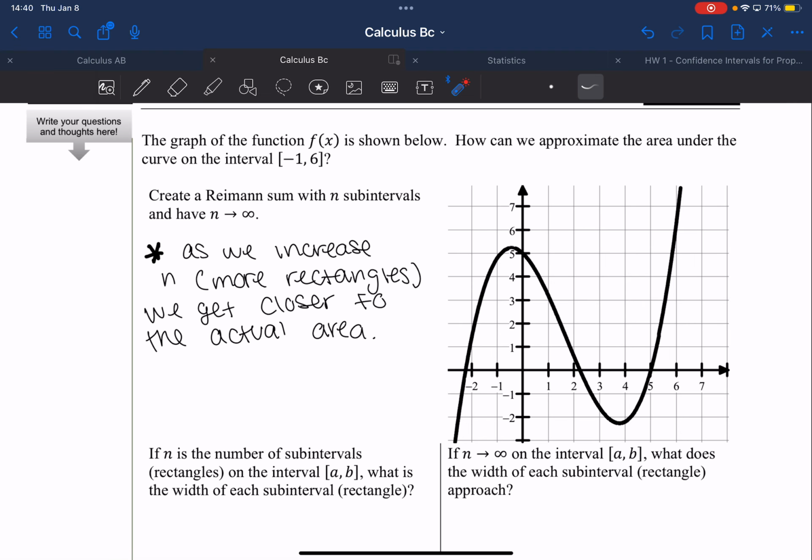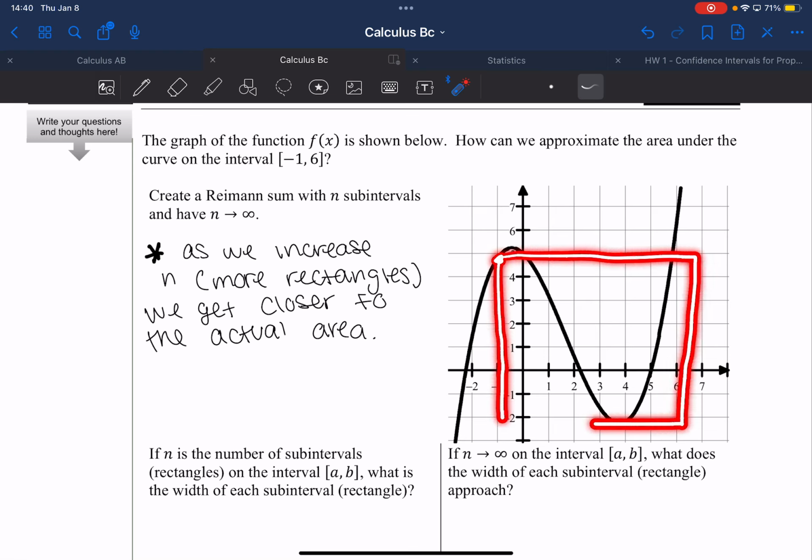So in other words, if I was to start off with n equals 1, so one rectangle using a left Riemann sum, I would have a rectangle that looked like this. If I found the area of this, I would be not only covering parts of the area that I wanted, but also parts of the area that I do not want.